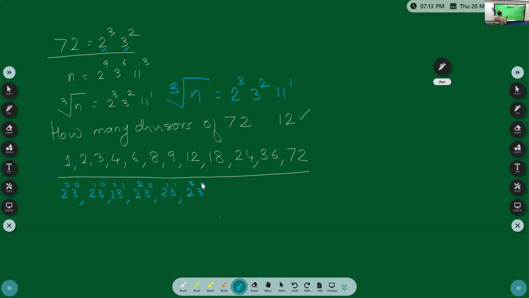Then how many have we done? 8, 9. 9 is 2 raised to 0, 3 raised to 2.